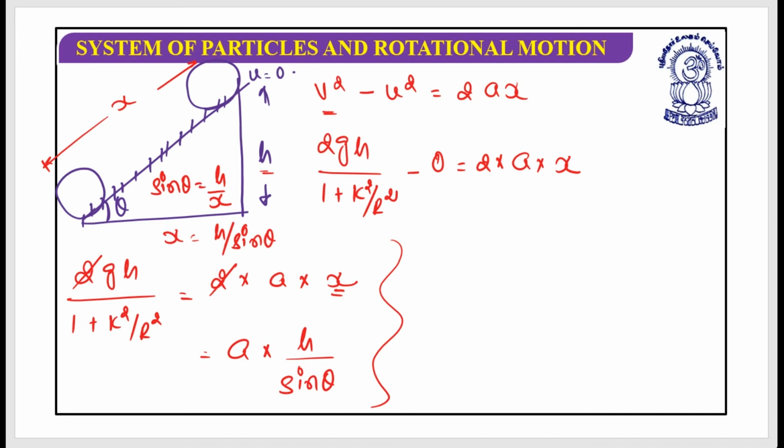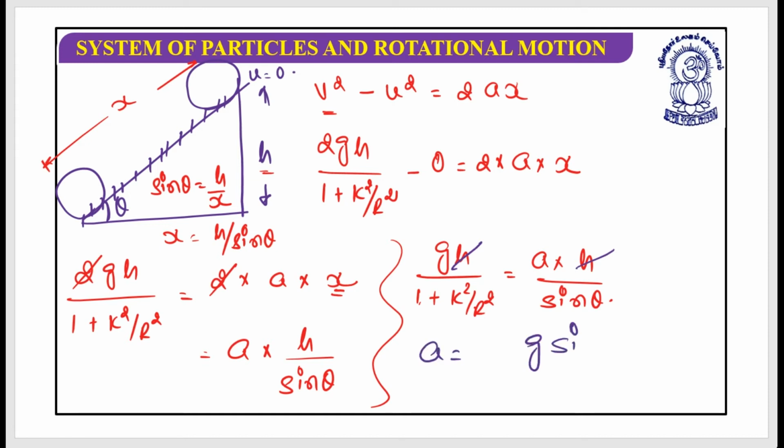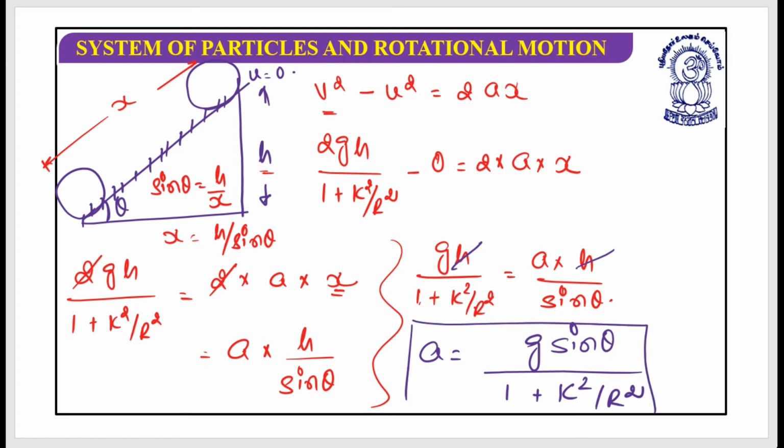So I have been left with gh divided by 1 plus k square by r square equals a into h divided by sine theta. So this h and this h have gone. I have been left with the acceleration equal to g sine theta upon 1 plus k square by r square. This is the acceleration, and you can see this is a constant acceleration. Yes, g is a constant, theta is always a constant.